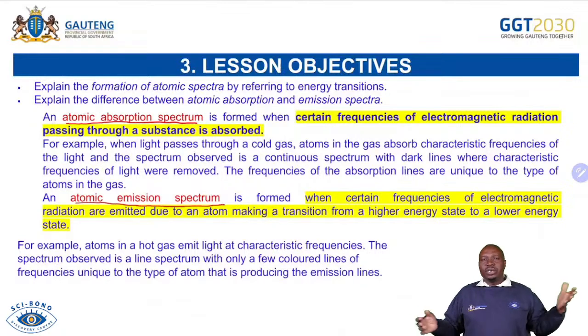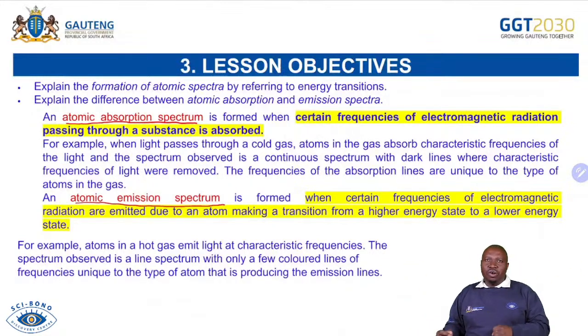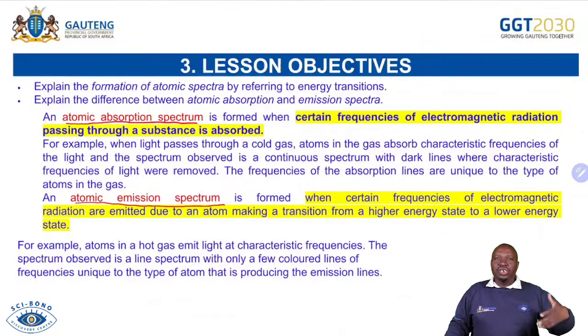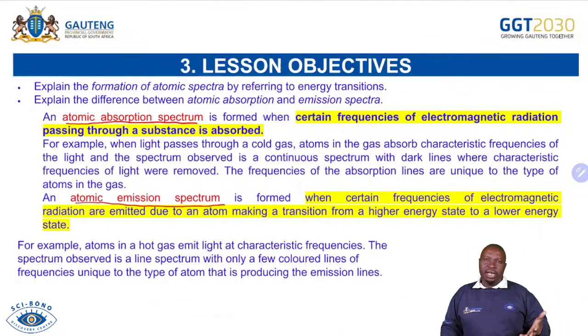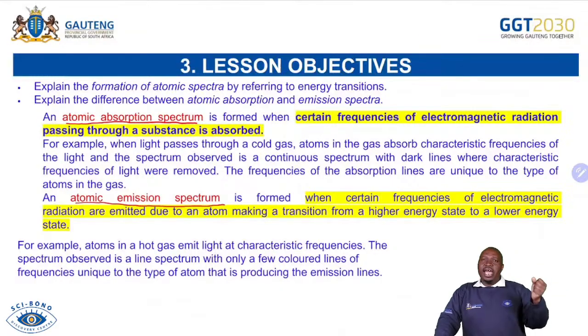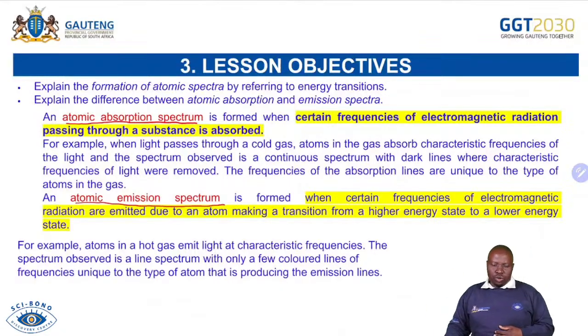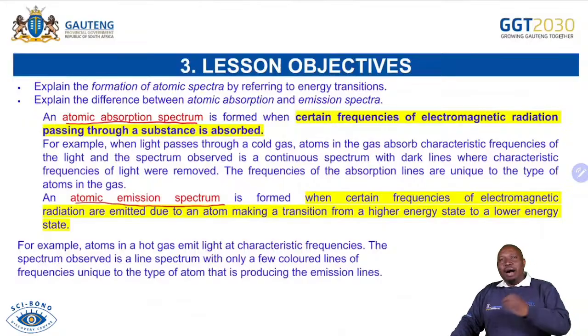We must not treat it as separate stuff. We're still talking about absorption and emission, or release, of energy. When doing rates of reactions and chemical equilibrium, you talked about exothermic as energy being released and endothermic as energy being absorbed. So we're still going to talk about the atomic absorption spectrum.